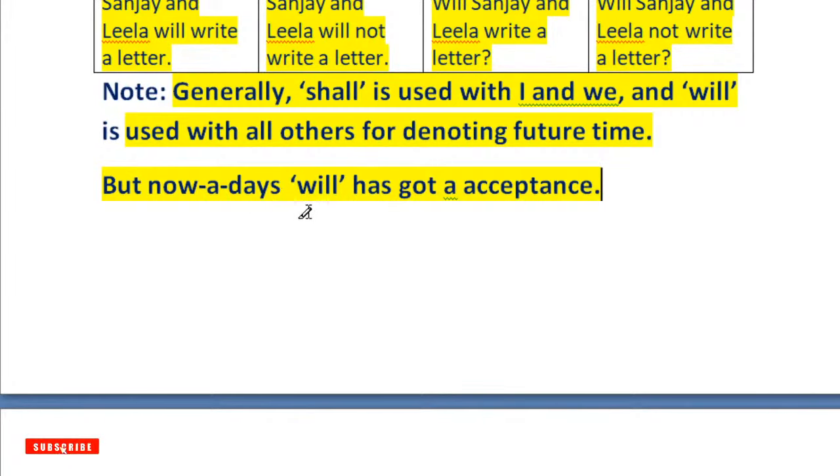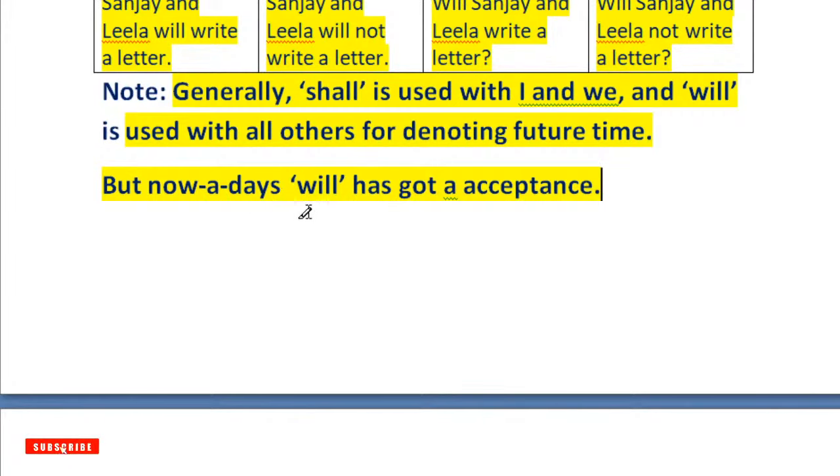However, shall has not lost its importance. Shall is also in use, and on formal occasions you will have to use shall and will both. Where shall is required, you have to use shall, and where will is required, you will have to use will.